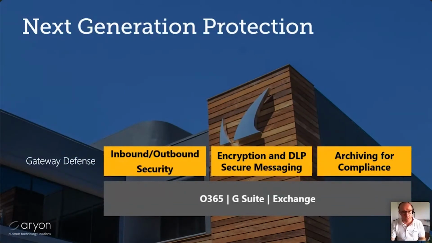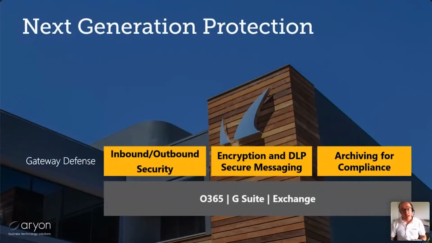You also need systems that help secure against accidental or malicious data loss, alongside encryption, and data loss protection scanning on outbound emails. And the last one is really important, which is archiving for emails, particularly where you have compliance requirements or need to consider e-discovery in the future.